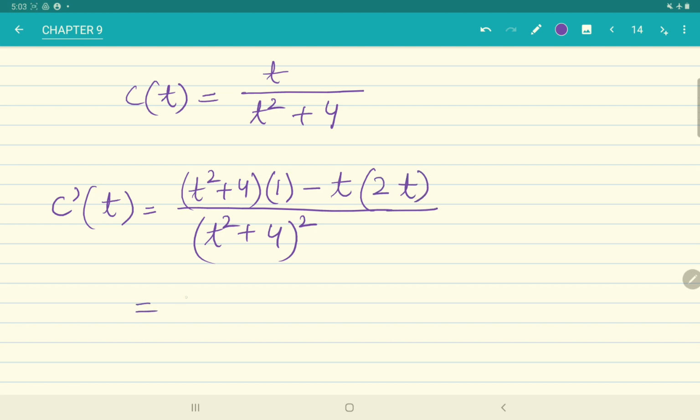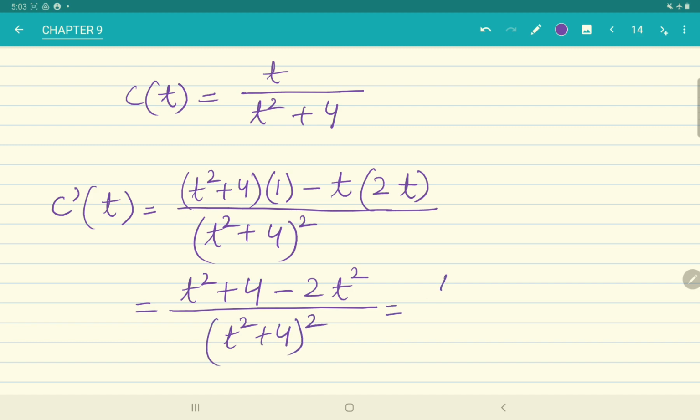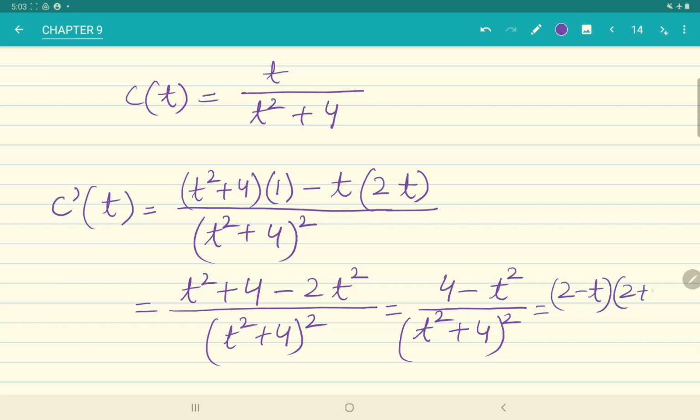So this gives me t squared plus 4 minus 2t squared divided by t squared plus 4 squared, which is equal to 4 minus t squared by t squared plus 4 squared, and that is 2 minus t times 2 plus t divided by t squared plus 4 whole squared.